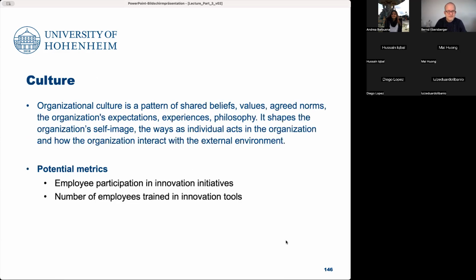Now, let's talk about the culture. Culture is really important. And a definition of culture is that it is a pattern of shared beliefs, values, norms, expectations, experiences, philosophies, and visions.